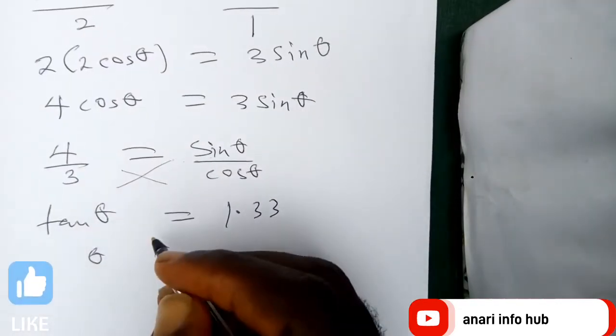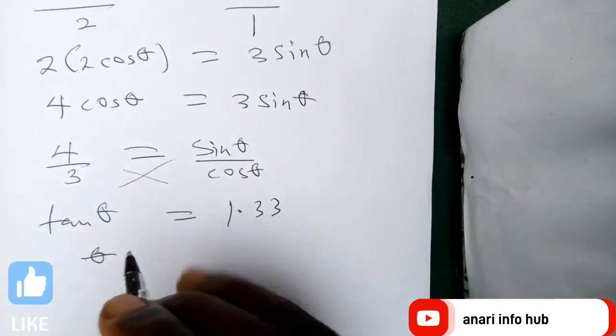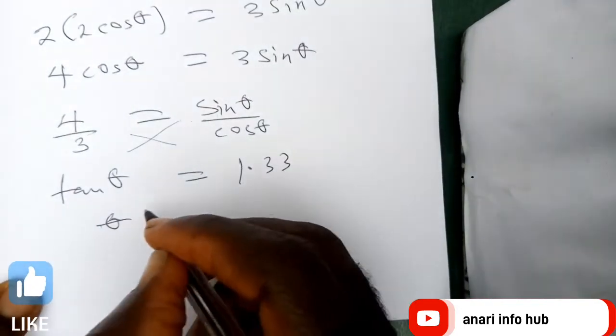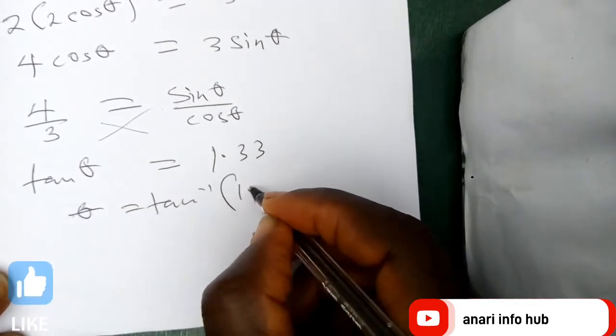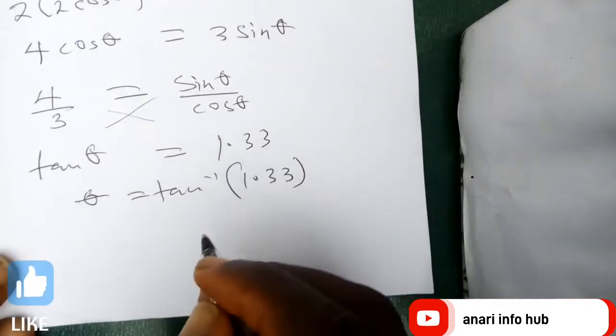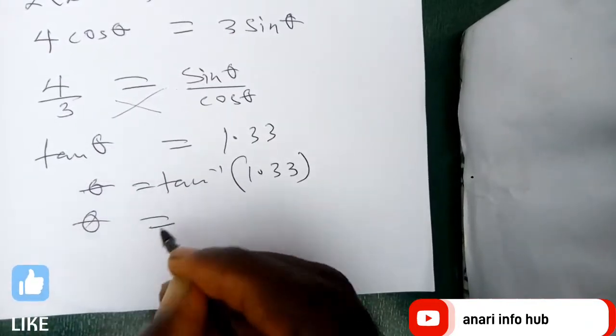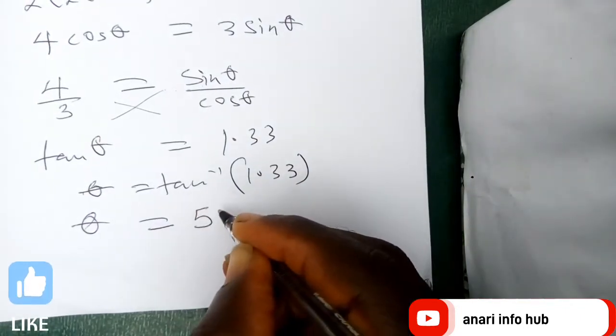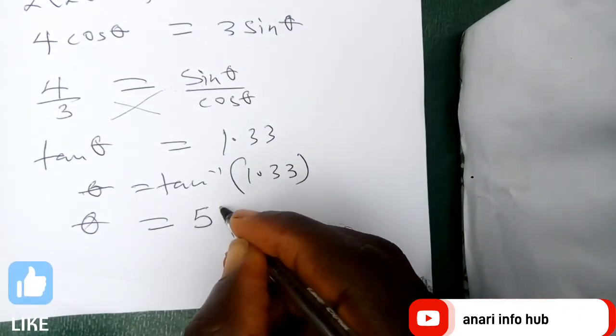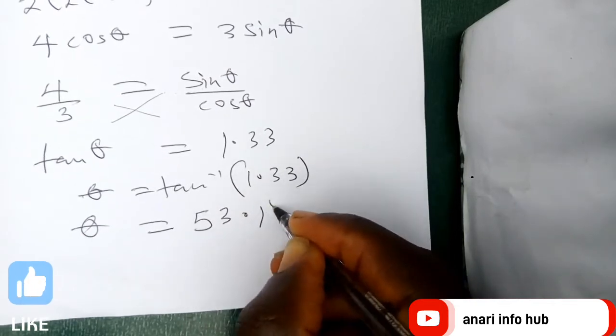Now get the tan inverse of 1.33. That gives us 53.1 degrees.